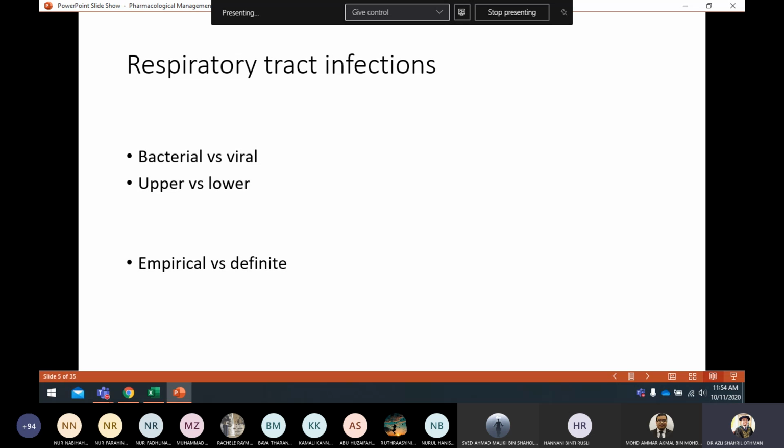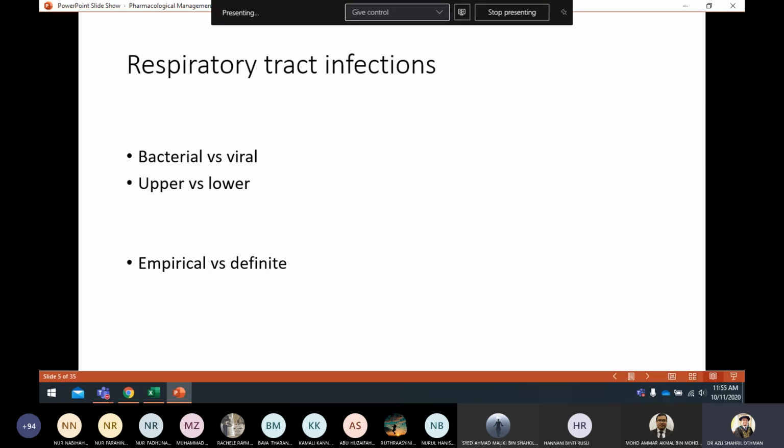But at the end of the day, as you have learned in general pharmacology, when you treat a patient with an antibacterial or antiviral drug, you start off with empirical therapy.